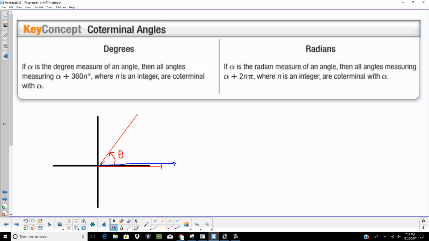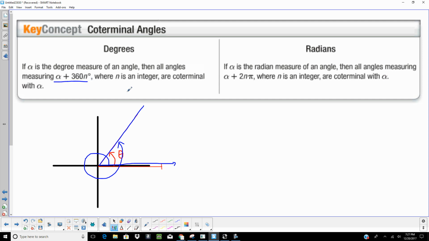I'm just freehanding this. And it's going to have the same terminal side. And you're going to go, well, gosh, that looks exactly the same. Well, yes and no, because what's going to happen is that's one rotation and a little bit more.